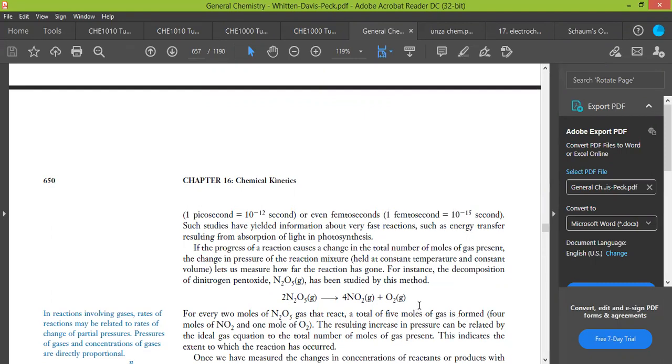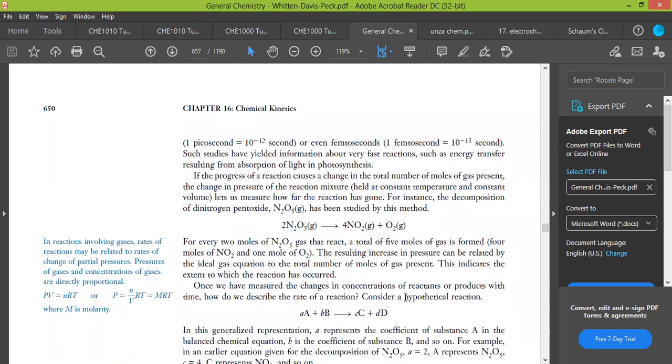This 5 moles is broken down into 4 for nitrogen dioxide and 1 for oxygen. Meaning, if it comes to studying the rate of the reaction, these coefficients you are seeing here, the 2, the 4, and the 1 in front of oxygen, should be considered in your rate calculation.